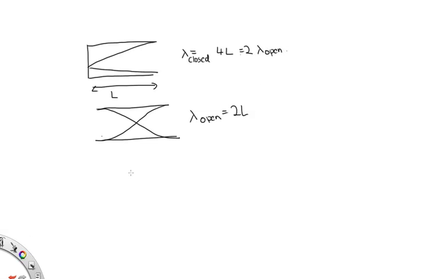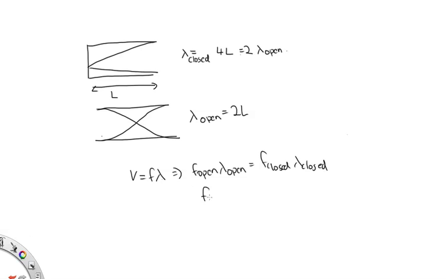Now we have the equation v is equal to f lambda. v is the speed of sound in air, and so that's not changing, that's constant for these two situations. So this tells us that f open lambda open is equal to f closed lambda closed.